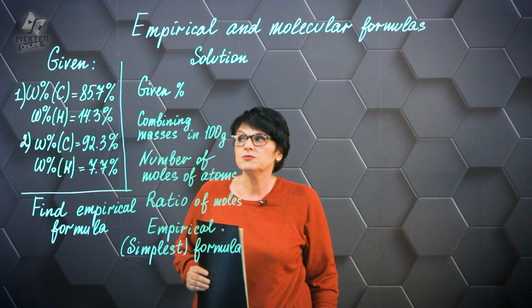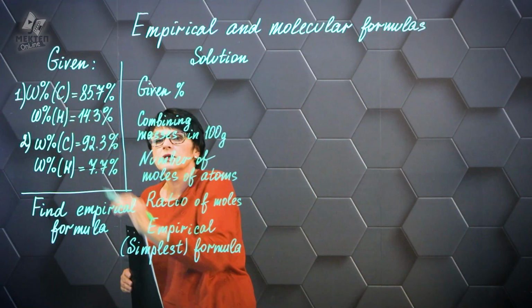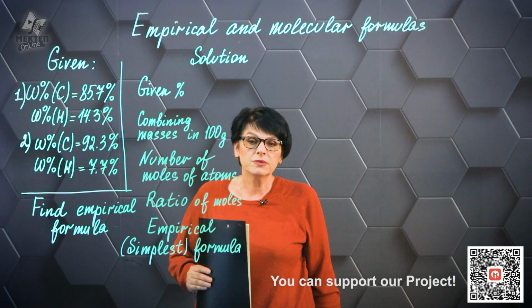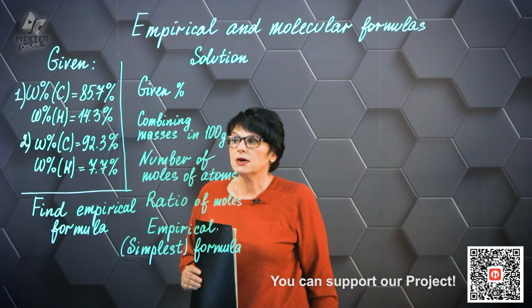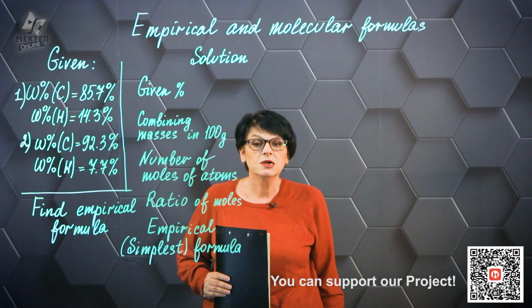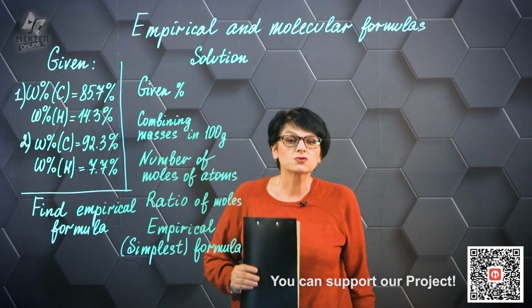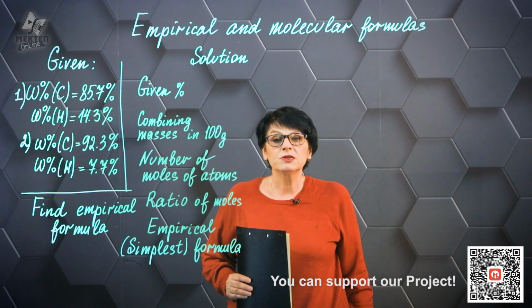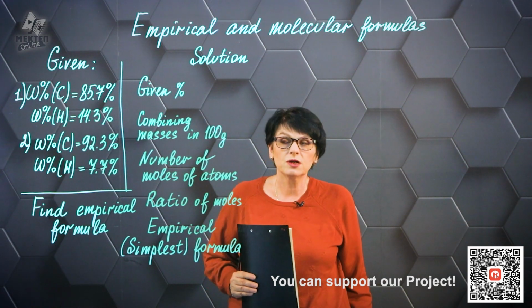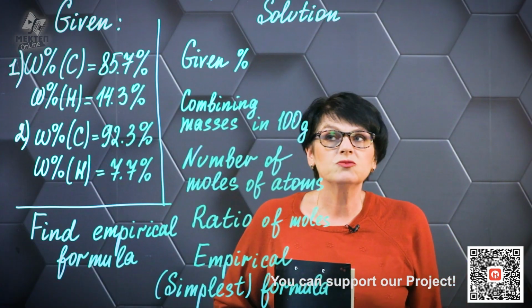This can be expressed either with the omega formula, or described in words as mass fraction. So we are given two substances for which we need to establish the so-called empirical formula, and then let's assume what such a substance might be like in the form of a molecular formula. So how are we going to work?